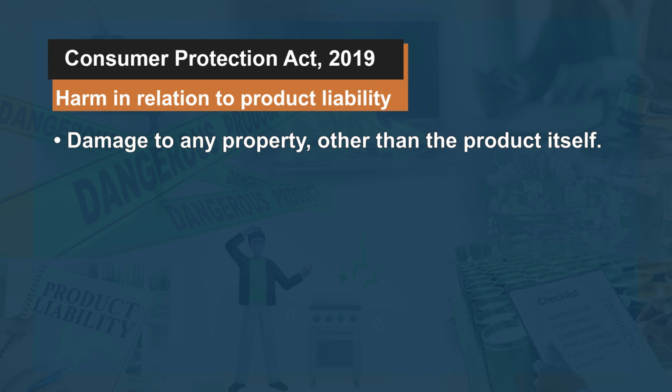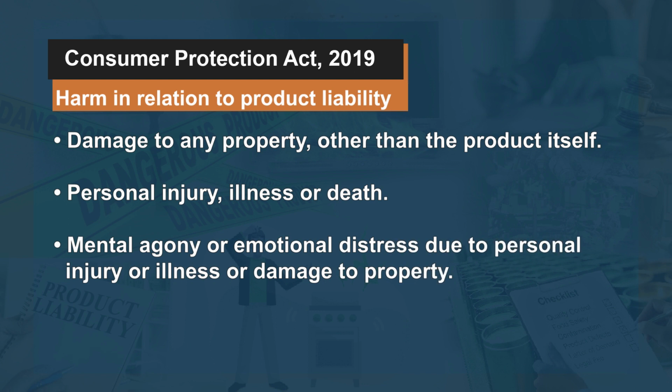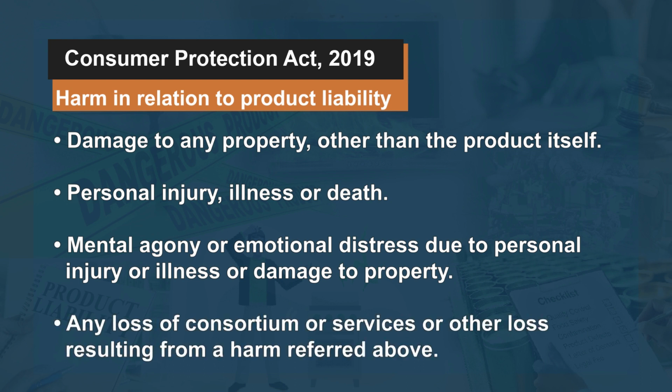The 2019 Act also defines harm in relation to product liability, which includes damage to any property other than the product itself, personal injury, illness or death, mental agony or emotional distress due to personal injury or illness or damage to property, and any loss of consortium or services or other loss resulting from a harm referred to above.